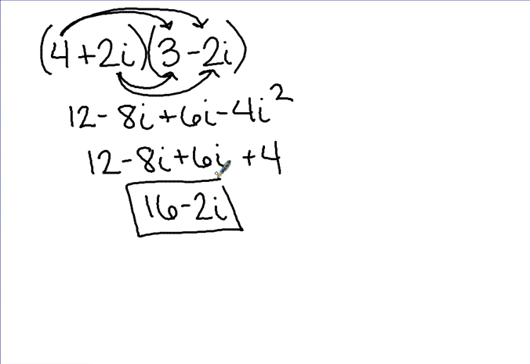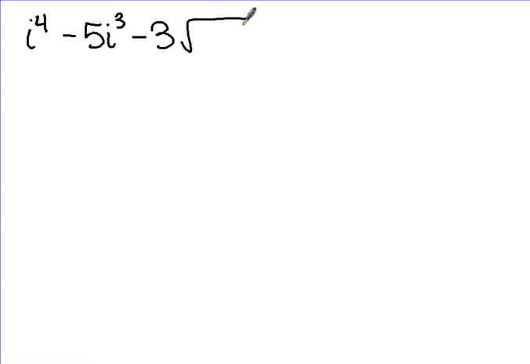I'm going to give you 2 examples, and I want you to go ahead and work them out on your own, and we will check them in class tomorrow. Please make sure you do these problems. The first one, we have i to the 4th minus 5i cubed minus 3 times the square root of -3 times the square root of -5.